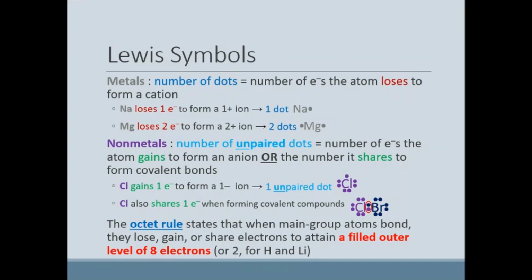You can't fit 8 electrons into a 1s orbital. But for most of the other elements on the periodic table, this is why all these elements really want to be like the noble gases. The noble gases have s2p6, or a filled outer electron shell. In these cases, the octet rule states that everybody wants to have 8 electrons, or 8 dots, surrounding them if at all possible.